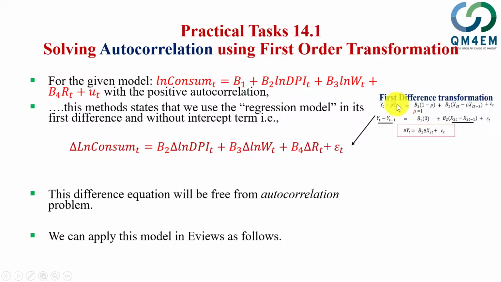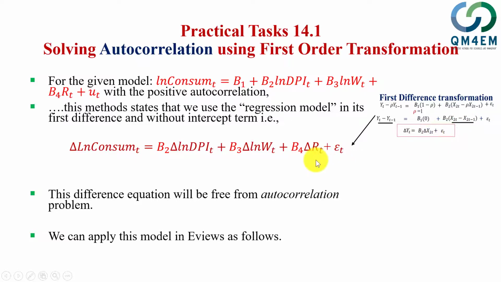If I remind you, we saw this earlier: this was the first difference transformation in which we use the transformation equation and plug in the value of rho equal to 1. Then we had y t minus 1, the intercept term becomes 0, and the explanatory variables were also in difference form.